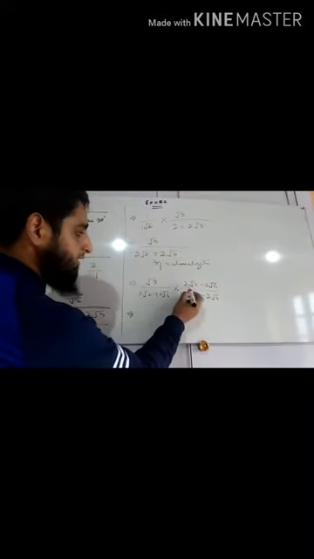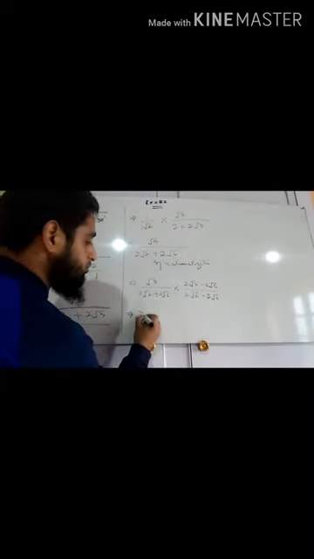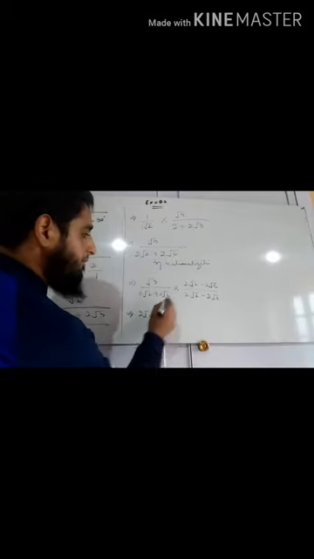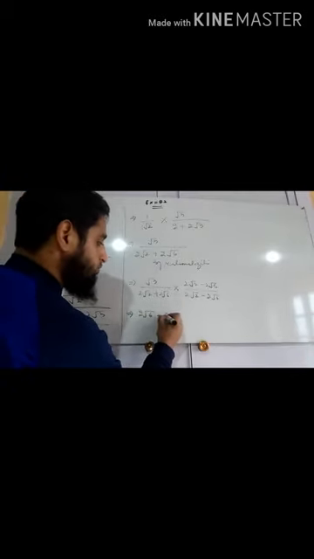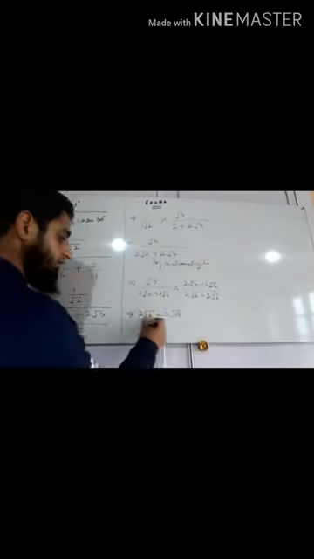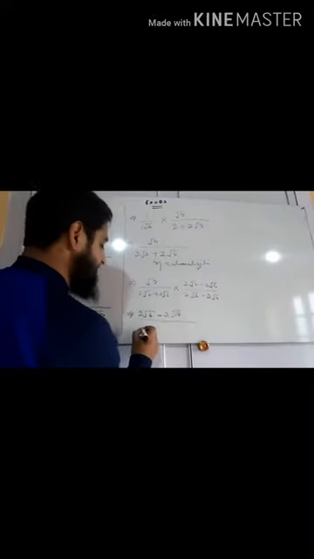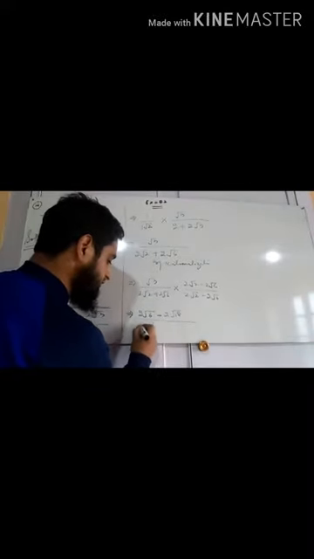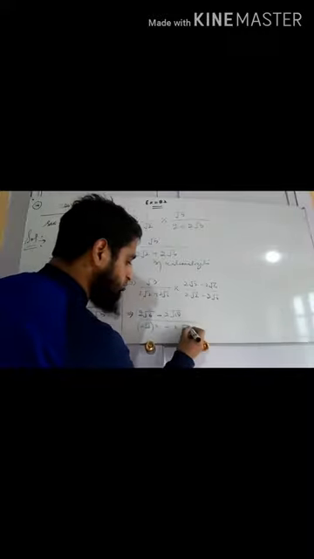Just you have to multiply 2 root 2 into root 3, it means 2 root 6. It is 2 root 6 3 are 18. Then a plus b into a minus b is a square minus b square.